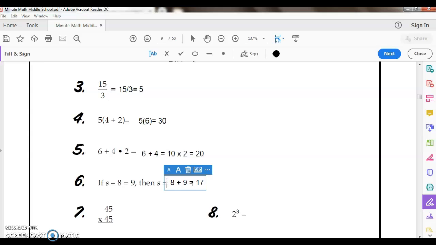And then to confirm that, 17 is s, 17 minus 8 equals 9. So 17 is going to be our answer.